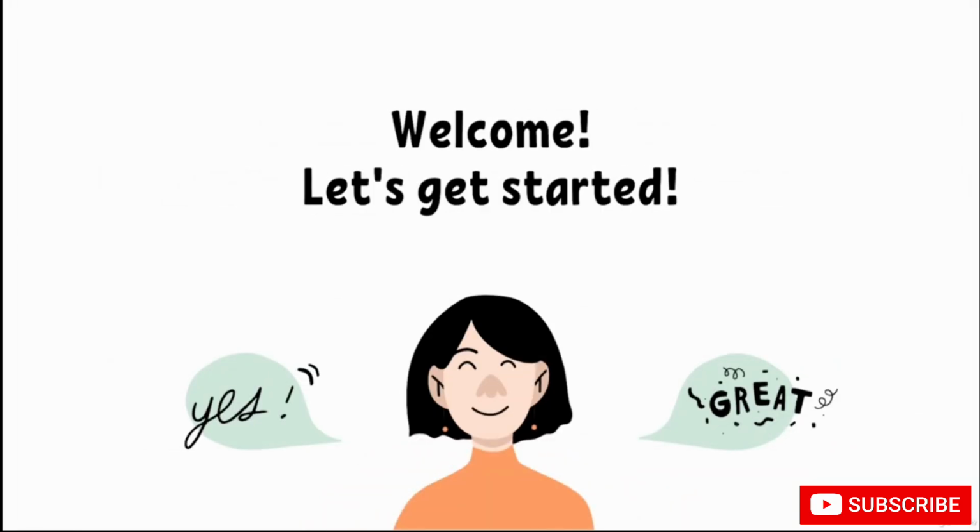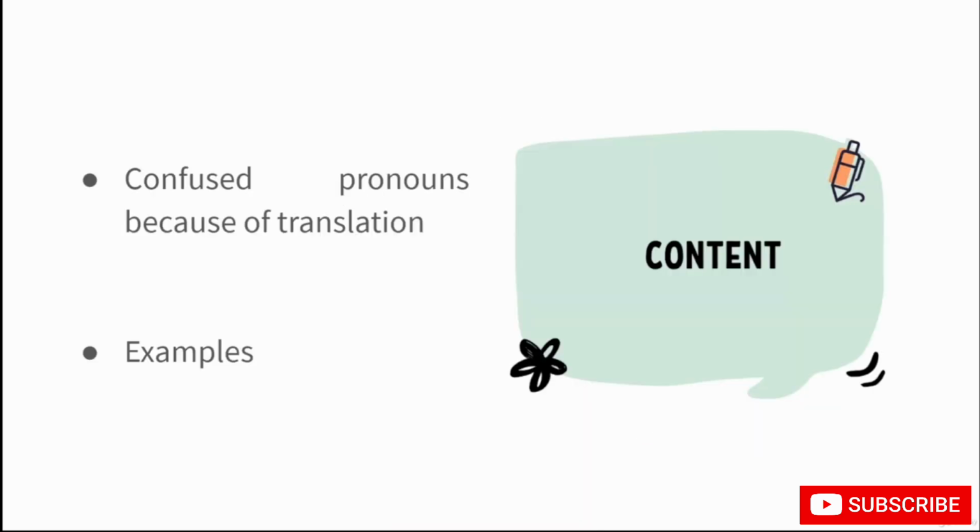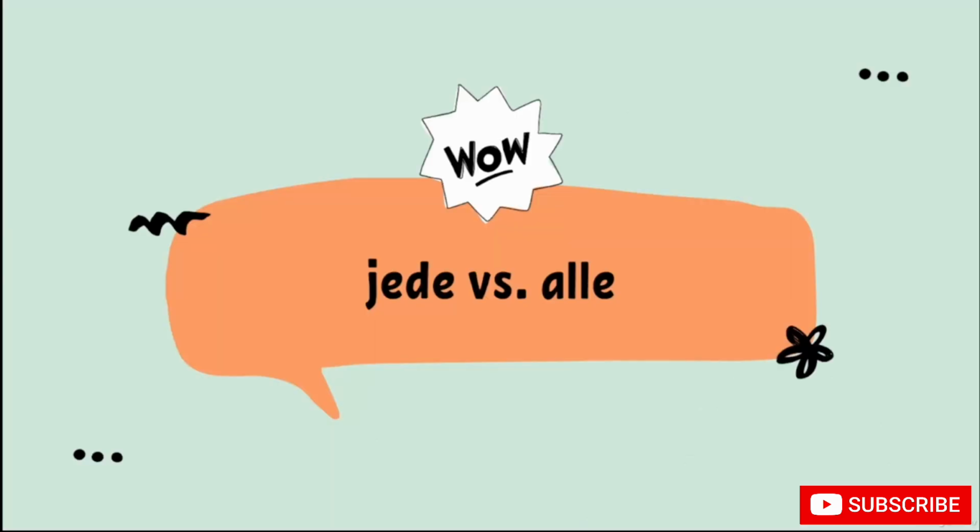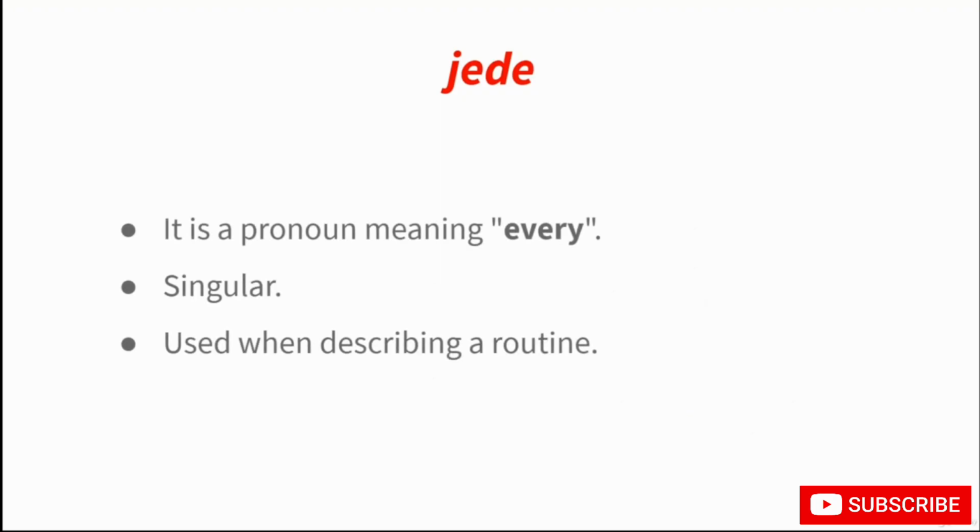If you are ready to learn one of the common mistakes, let's get started. Today we will learn one of the confused pronouns because of translation in German, and I will give examples to help you understand the subject better. Today we will learn the difference between jede and alle. Let's start with jede. Jede is a pronoun meaning every and it's singular.